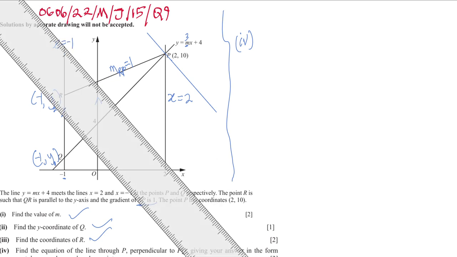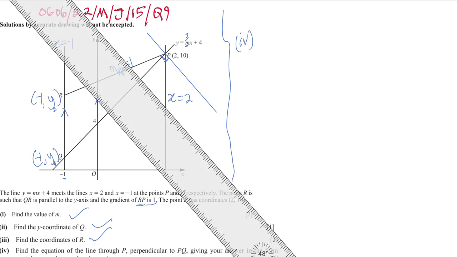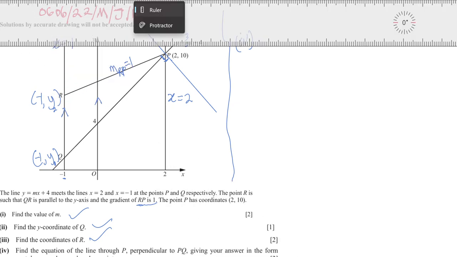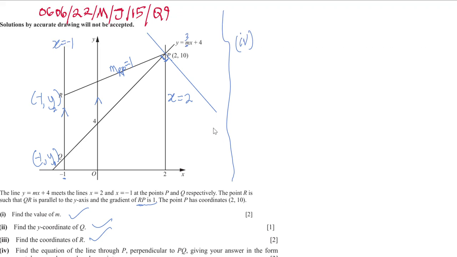And we have the 90 degrees over here. Since these two lines meet at 90 degrees, we use the gradient of PQ to find the gradient of this line we have drawn through P.